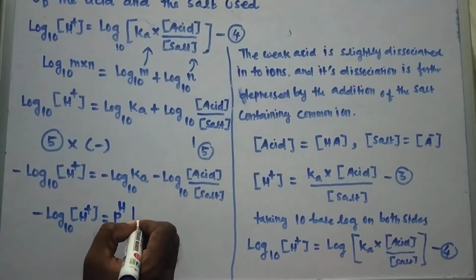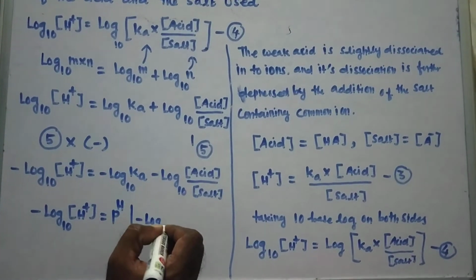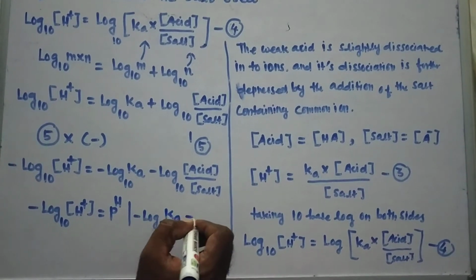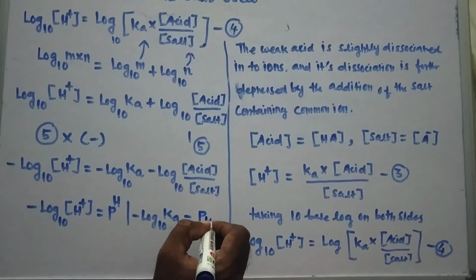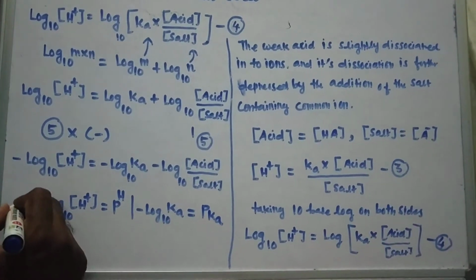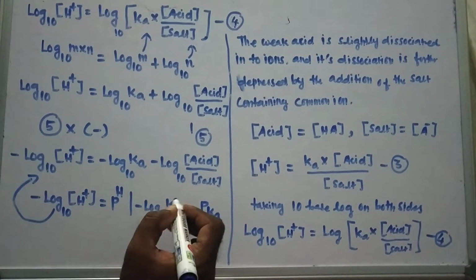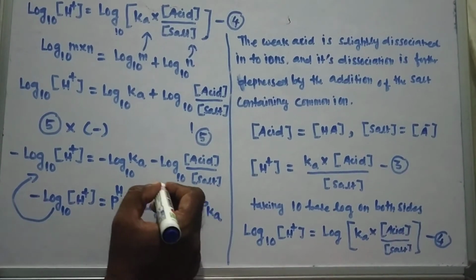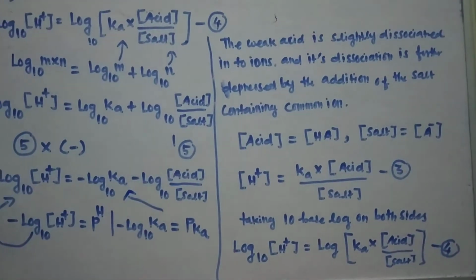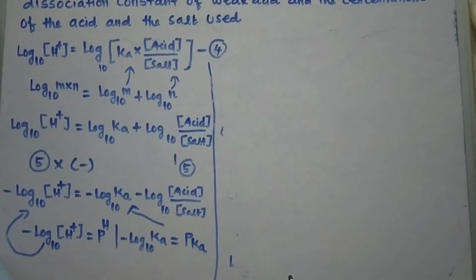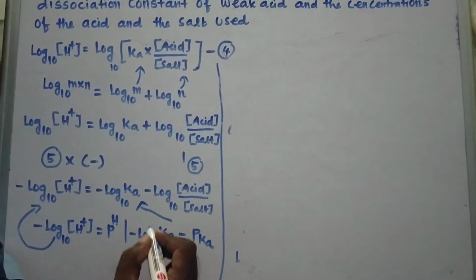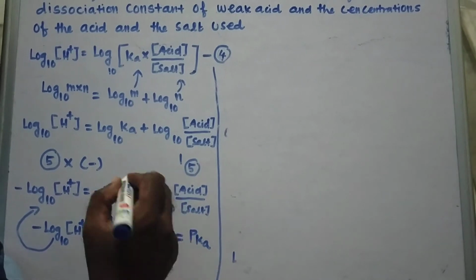Similarly, minus log base 10 Ka is equal to pKa. Okay, now substitute these two values in the above equation.